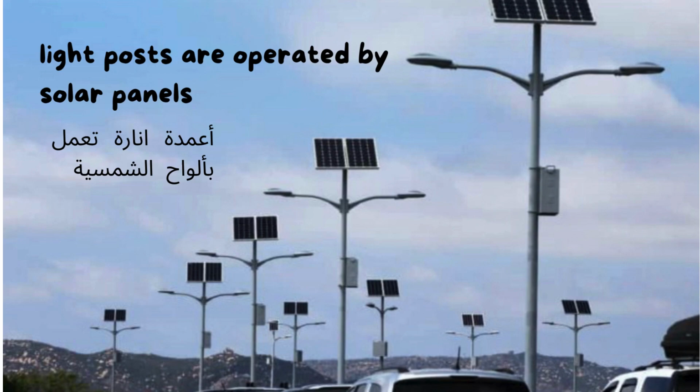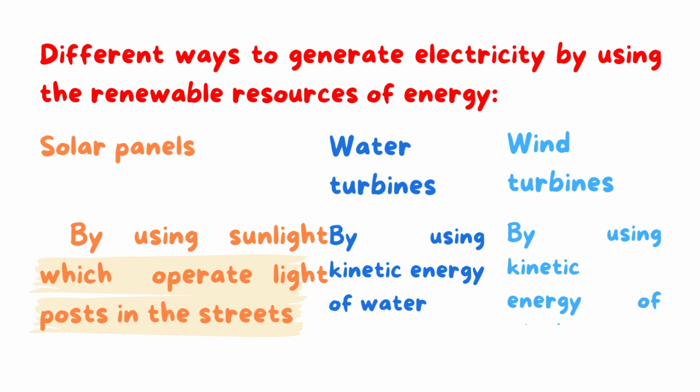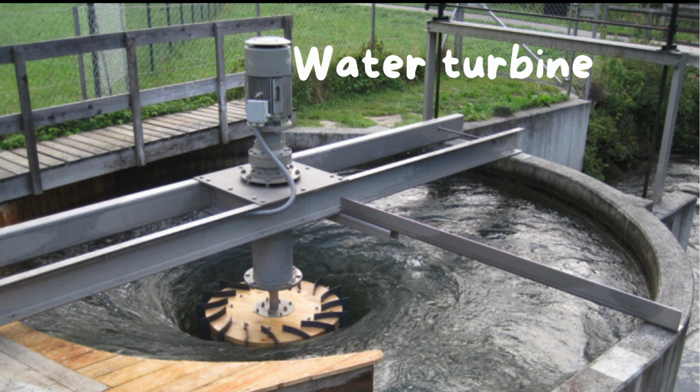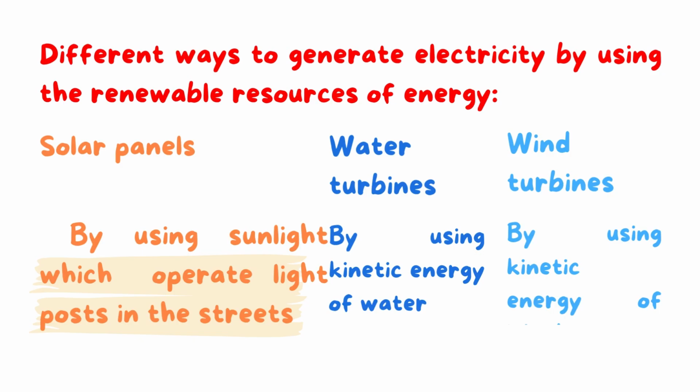Second, we can generate electricity by using water turbines, and these water turbines generate electricity by using the kinetic energy of water. So by using the kinetic energy of water, the water turbines generate electricity.